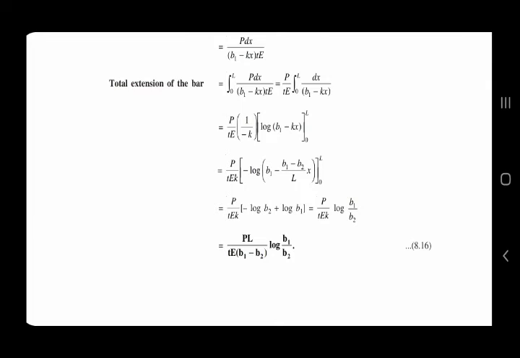Now in practical applications, we will see various components having varying thickness and diameters. So these are the equations that we will use for solving the problems. We will solve the numericals next time.